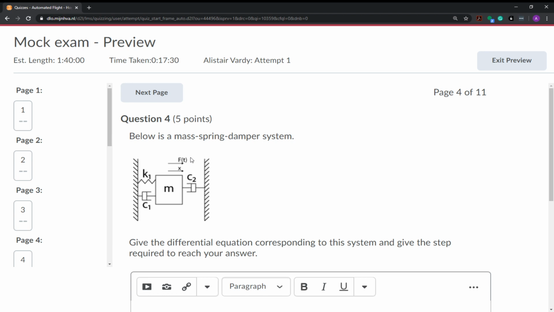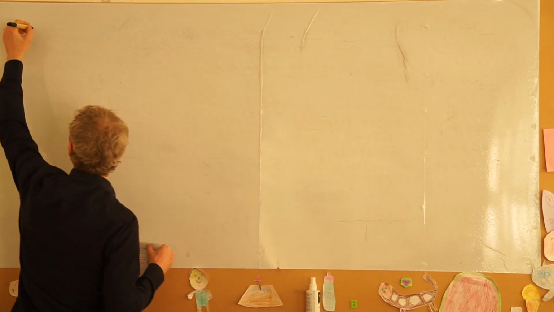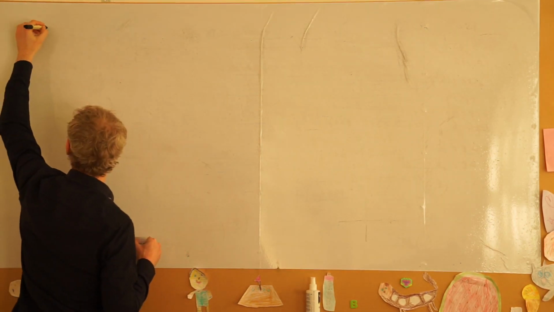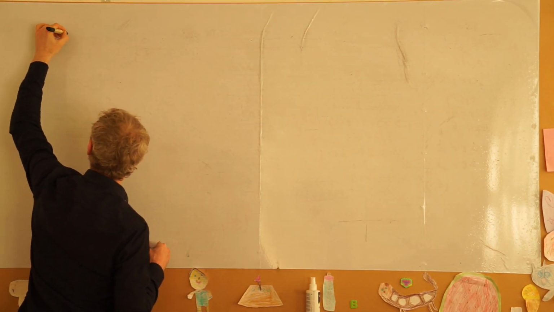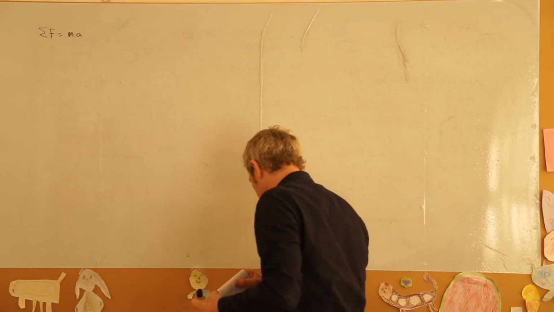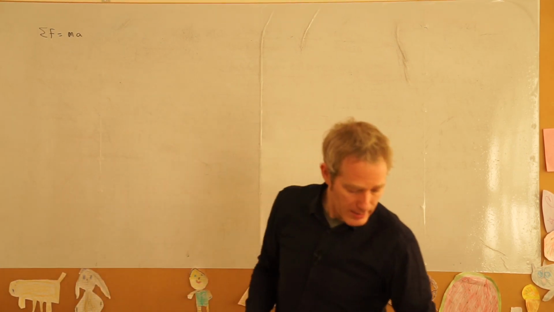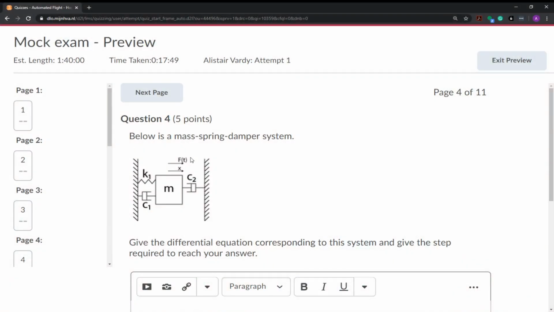If we look at this, there are 3 forces which I will now explain. So we start with the second law of Newton, that the sum of the forces is equal to the mass times acceleration. We had 3 forces. If we go back, we have the spring force and the 2 damper forces, and we also have F of t.